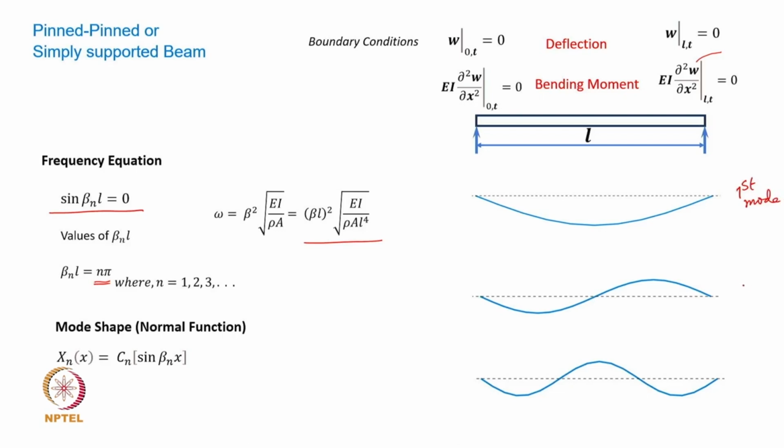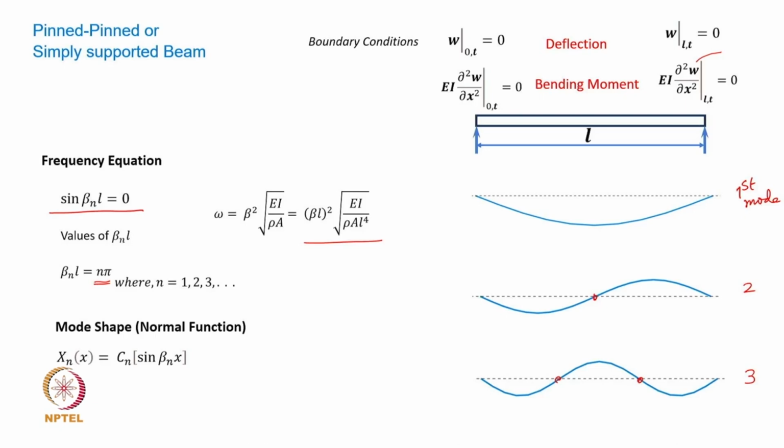The second mode is going to be a full sine wave and so on. So again you can see that an additional node appears in the mode shape as you go to the higher modes. This is how the beam vibration natural frequencies can be obtained.